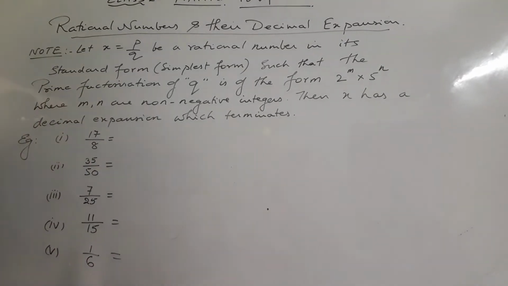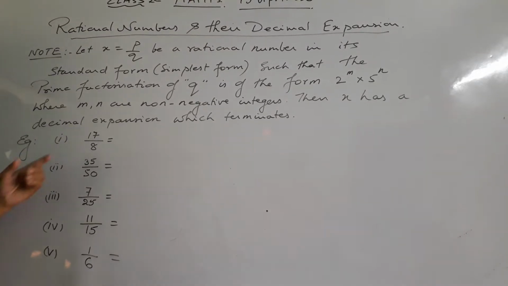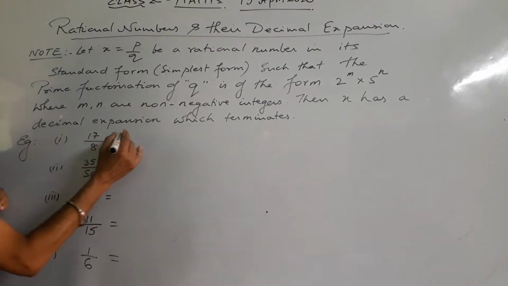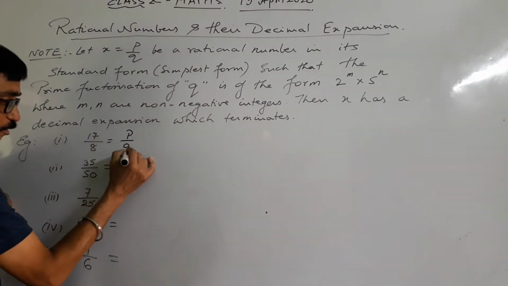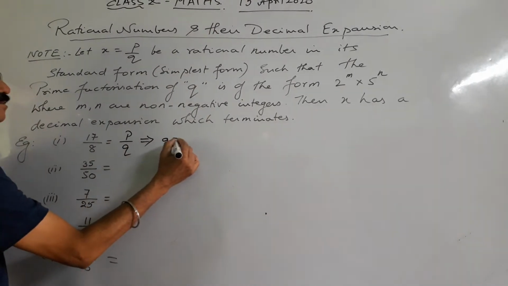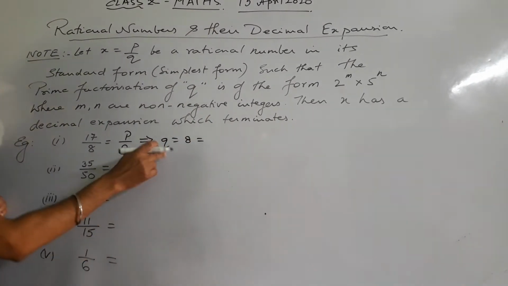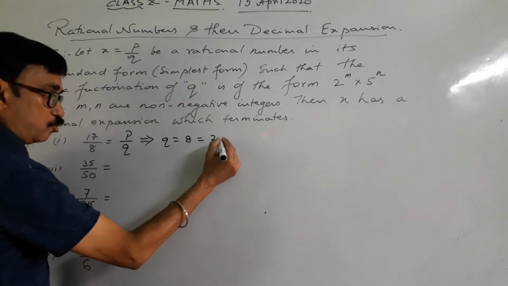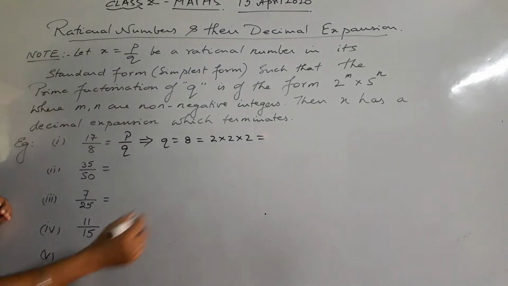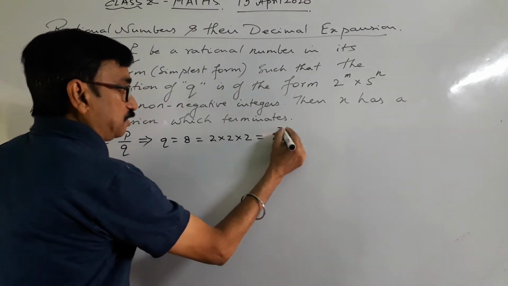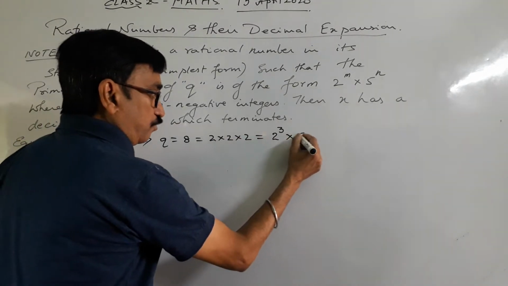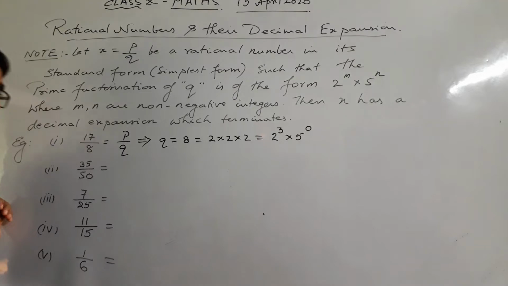So let us consider the example. First example I am going to explain here: 17 by 8, which is already in the standard form p by q. The value of q is here 8, and 8 has factors 2 into 2 into 2, which can be written as 2 to the power 3. As it doesn't have a factor 5, we can write 5 to the power 0.